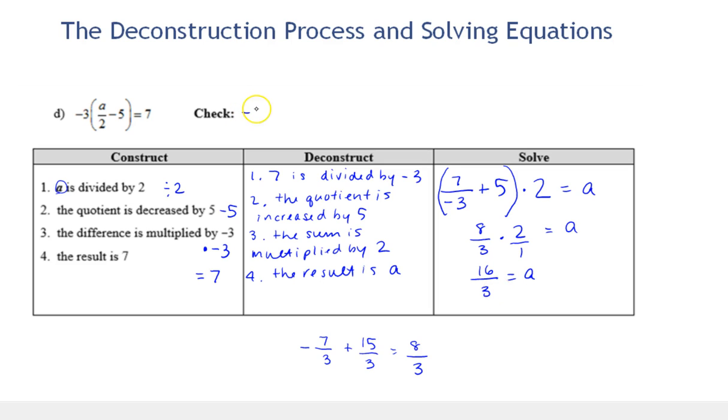So on the left-hand side, I am going to replace A with 16/3. So I'm going to use a little, well, not a trick here, but let's look at A over 2. I'm noticing that we would be putting a fraction in a fraction. And again, I'll show you how to do this on your calculator, and it will be simpler. But if we're going to do this by hand, I don't want a fraction in a fraction.